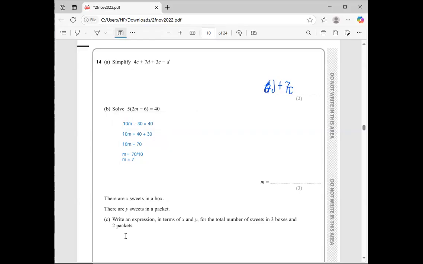Yes. According to what they say here, then you can have 2 times, that's the number of packets, 2 times Y.